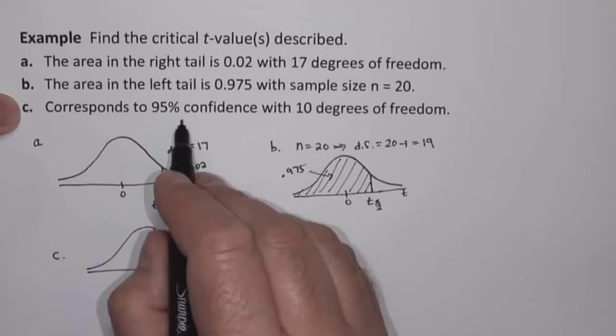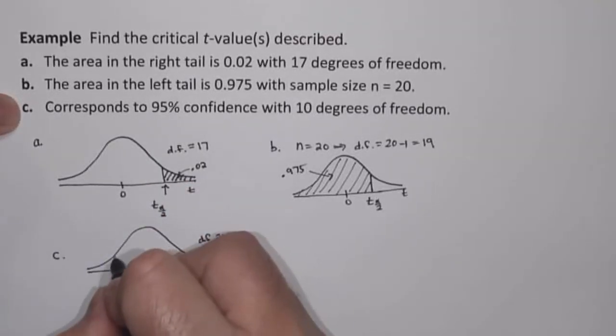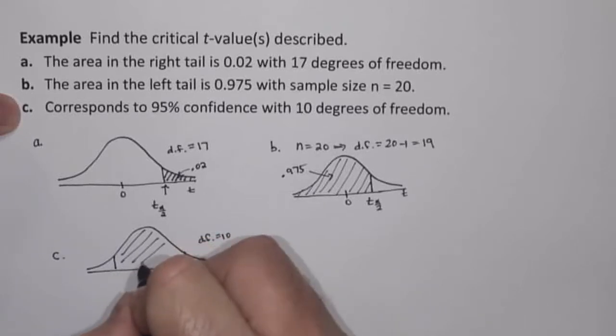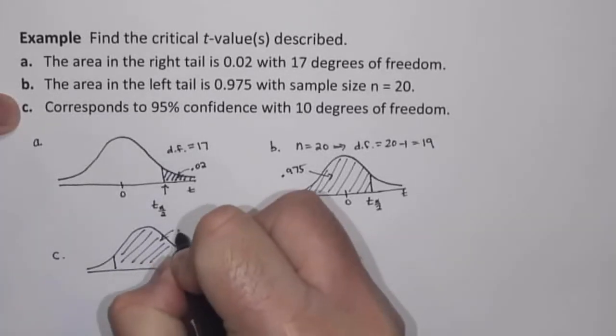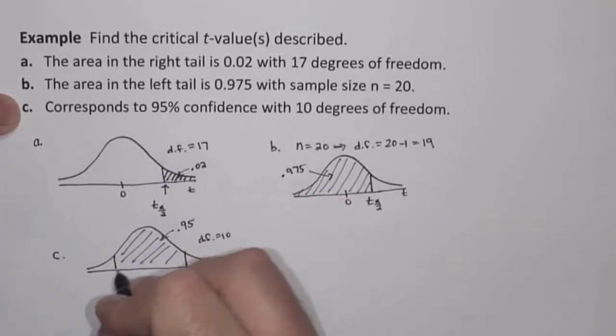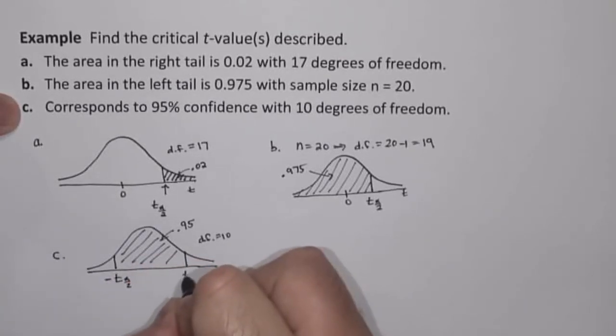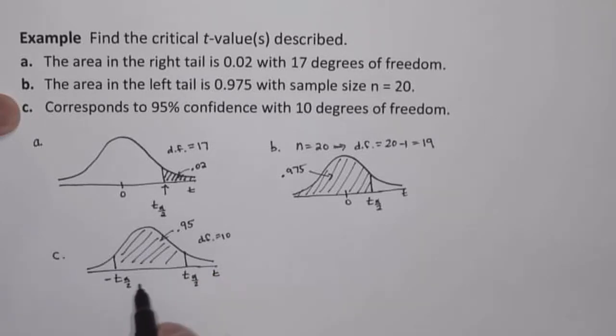So anyway, if we're dealing with 95% confidence, then the area in the middle here is going to be 0.95. So I'm going to have a negative t-value here and a positive t-value here. Those two values will be the same value, just one negative and one positive, so their absolute values will be the same. And so I want to figure out what those two values are.